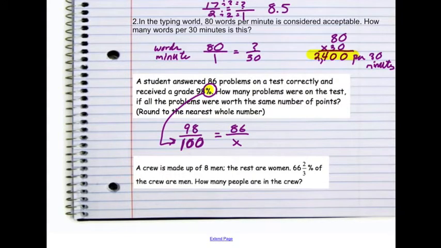This is an example where we're going to want to use the cross product, where we're going to want to cross multiply. So 98 times x, or 98 multiplied by the unknown number, right? The number of problems on the test should equal 86 times 100, which is 8,600.